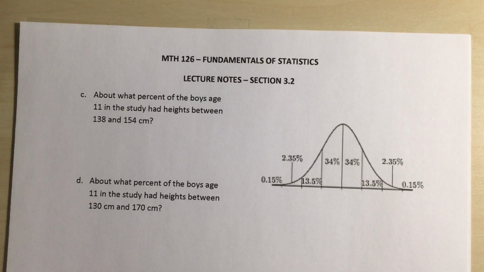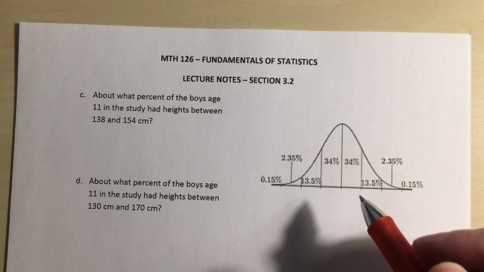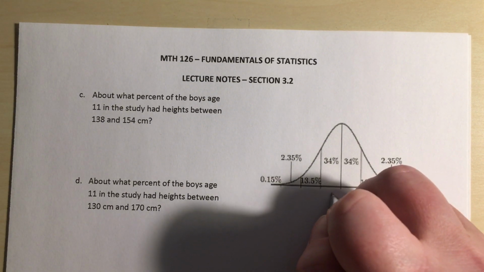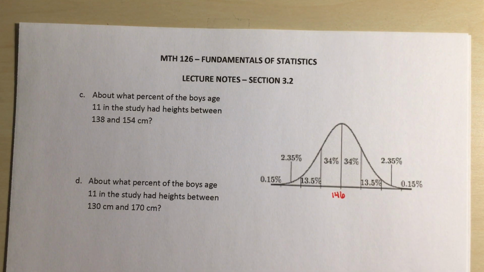About what percent of the boys age 11 in the study are between 138 and 154 centimeters, and about what percent of the boys are between 130 and 170 centimeters. The first thing that I'm going to do is label this using my numbers from the previous problem. Our mean was 146, so I'm going to label this middle value as 146.